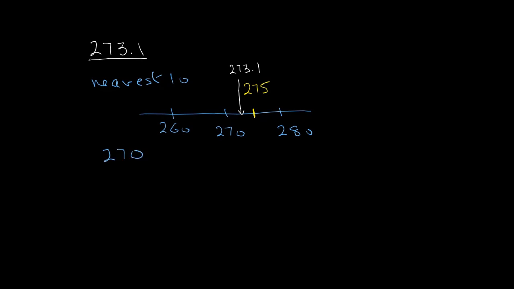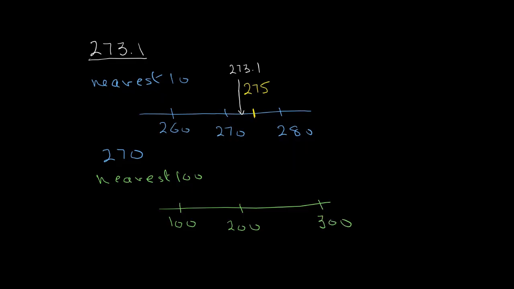Okay, now we can also round 273.1 to the nearest 100. Let's try to round it off to the nearest 100. Now that's a different problem. If you want to round it to the nearest 100, we have to skip count by 100. So I'll have 100, 200, 300. Smack in the middle we have 250.